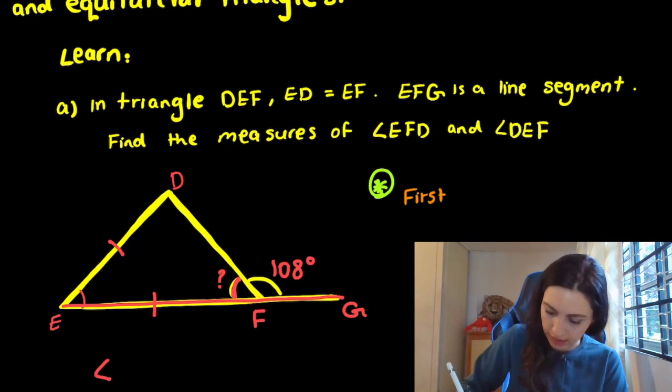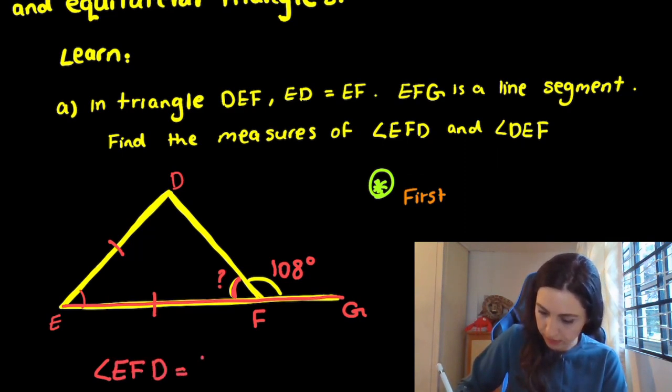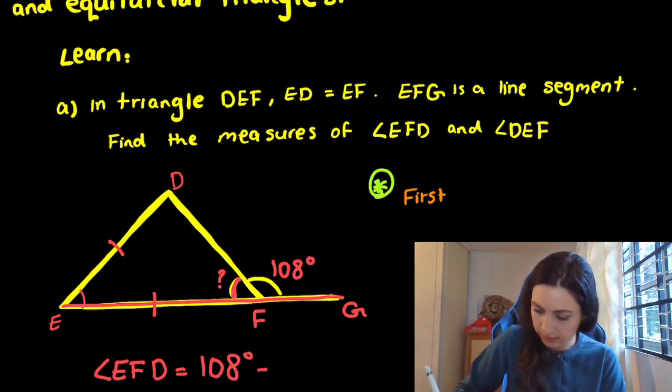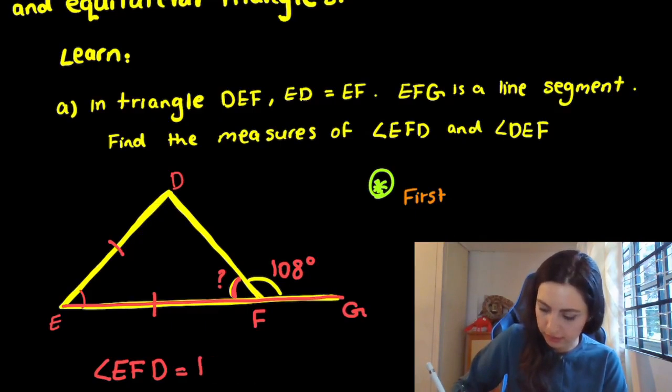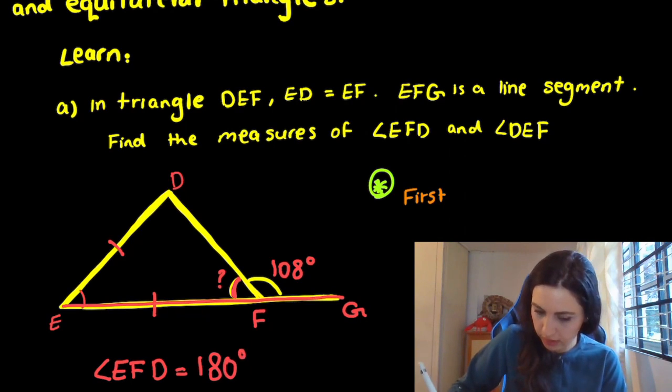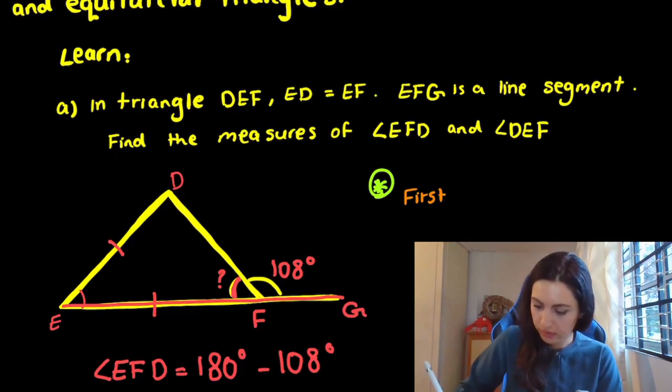So we say the angle EFD equals 180 degrees minus 108 degrees, which is equal to 72. So angle EDF equals 72 degrees.